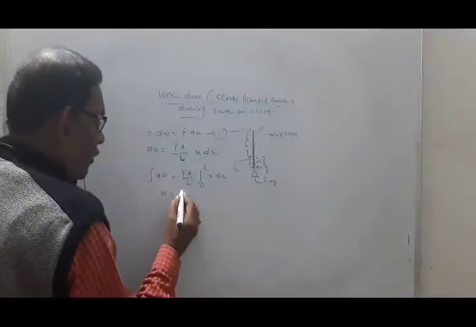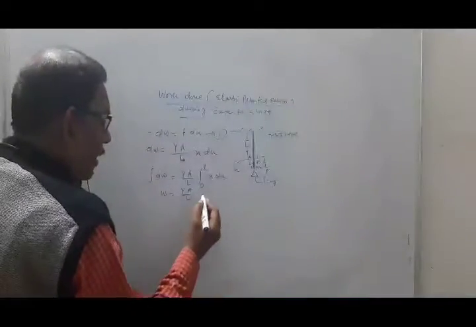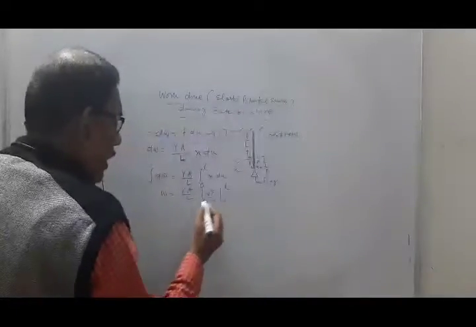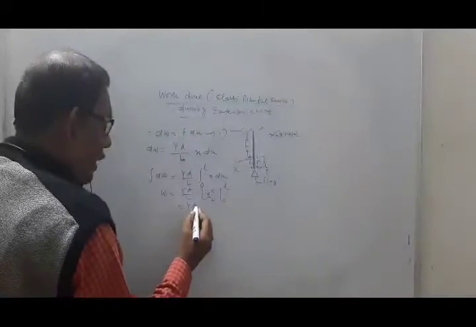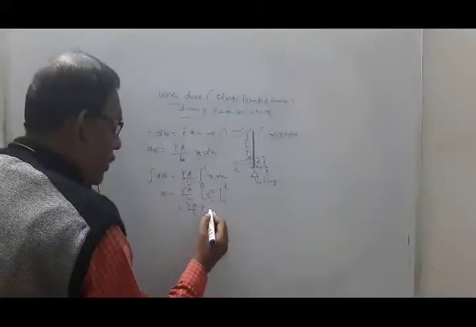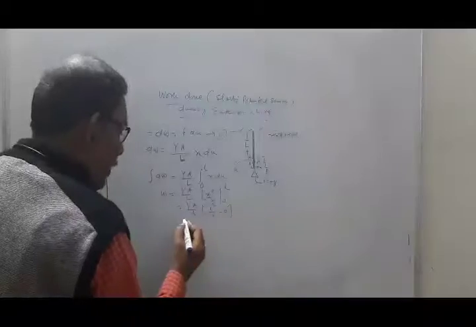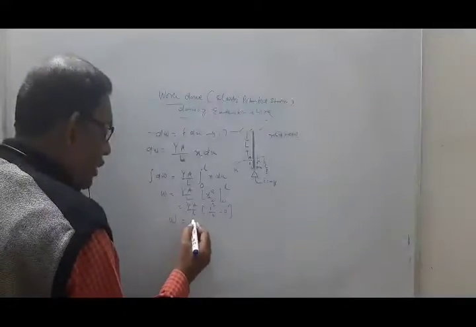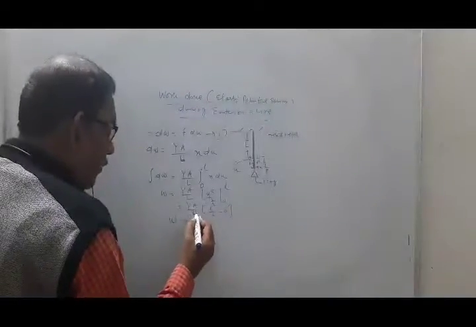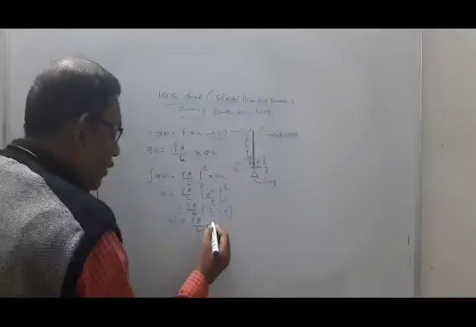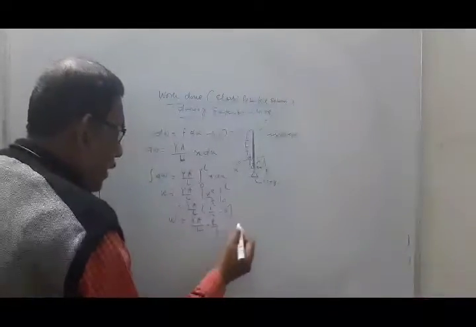Integration gives Y A by L, x square by 2, from 0 to l. Put the upper limit minus the lower limit. Simply, the final equation is Y A by capital L into small l square by 2.